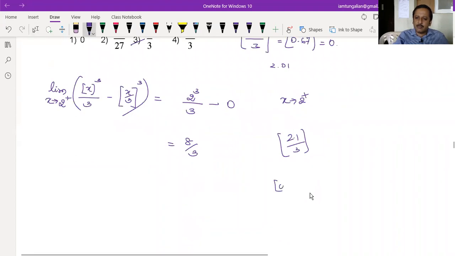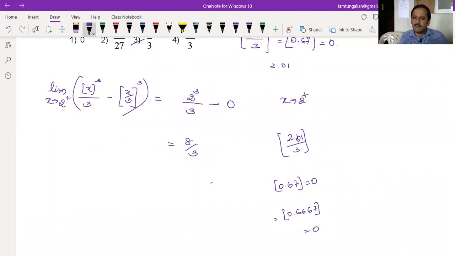What is step of 0.67? That is equal to 0 only. Instead of 2.1, if I write 2.01, then it may be 0.6667. Then also 0. Is it clear, Vikas, now? Step of x when x is between 0 and 1 is equal to 0.